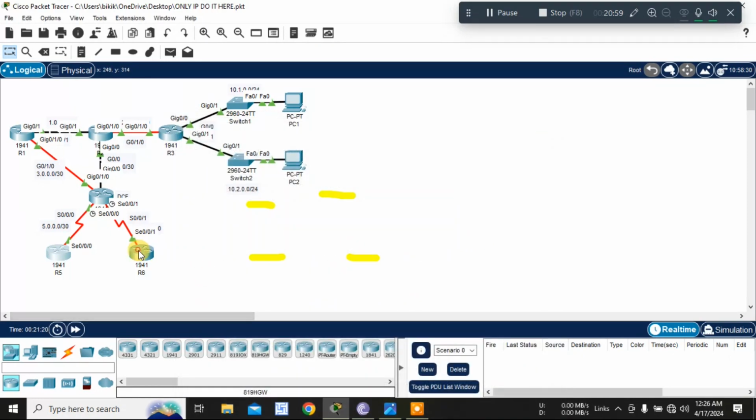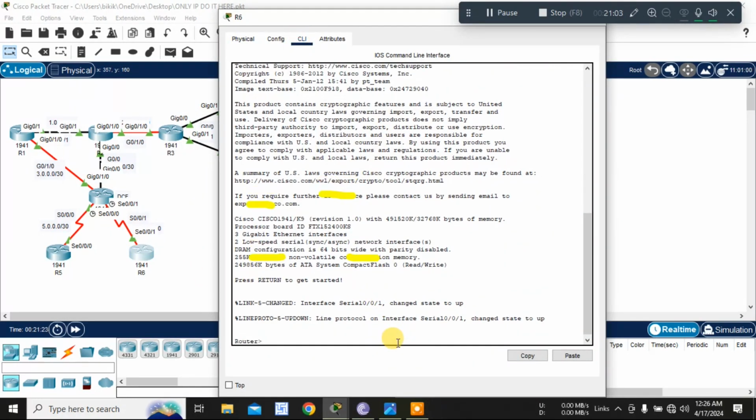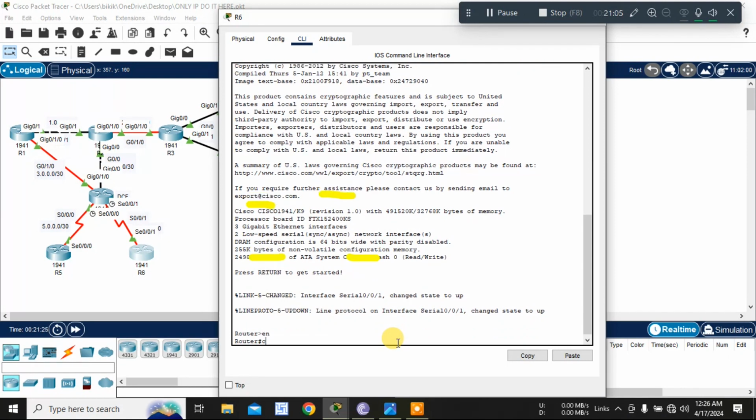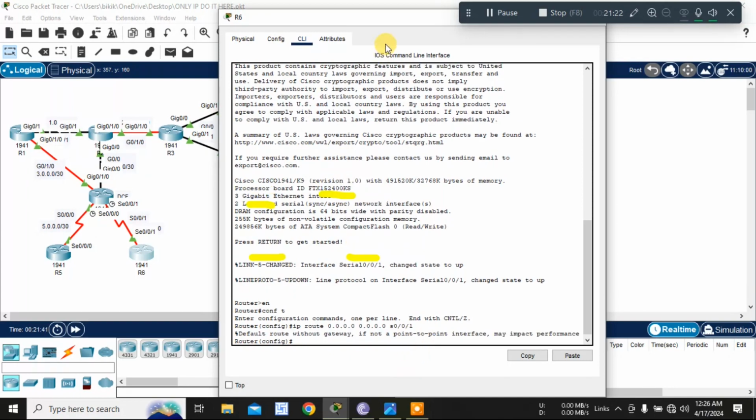Done in router number 5. Now in router number 6, enable, config t. Now I will only write here 0.0.0.0 0.0.0.0 in router number 6. Done.